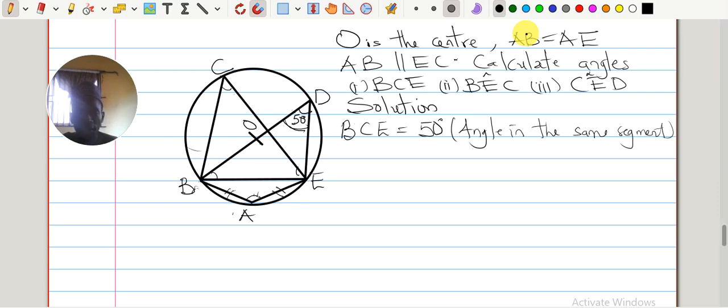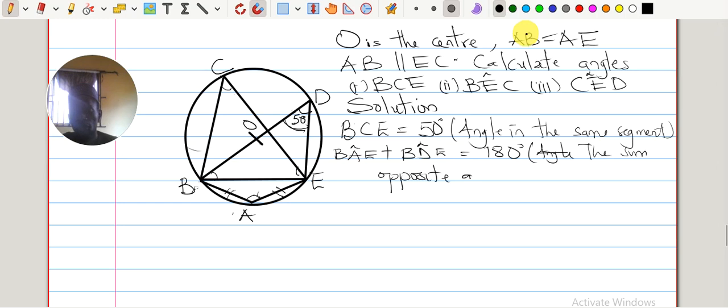I can say my BAE plus BDE is equal to 180 degrees, the sum of opposite angles of a cyclic quadrilateral, okay? So take note.